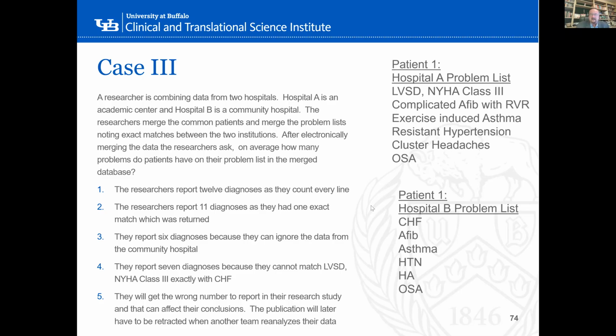Like the CHF, maybe one episode of New York Heart Class 3 left ventricular systolic dysfunction happened, but that's not their normal state, and they have CHF on their problem list. But they had a bout of worsening heart failure, which led to this, and then they were put on treatment with ACE inhibitors and other things and diuretics and got better. Maybe that's the state they're in all the time, and it sticks as a problem, and it's really one problem.